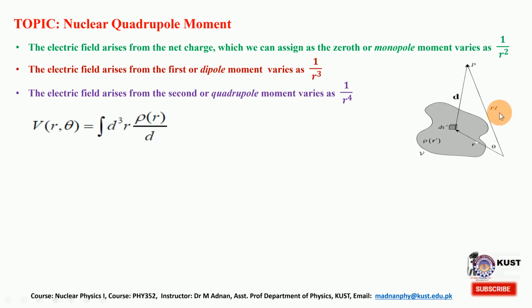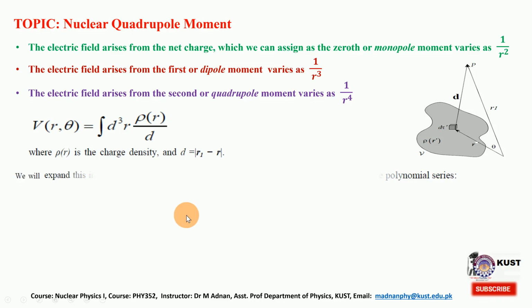That d can be expressed in terms of r1 minus r, that is the separation, with the integral over the entire volume. So this gives you the potential due to this volume charge density.